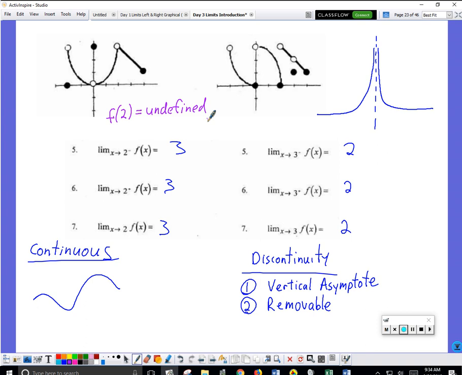Mostly just semantics, like people just felt like they were subtly different, so they chose different words. Otherwise, kind of the same idea. So, point for Josh. There we go. Cool. Okay, so removable, left and right limits are the same, but the value of the function is different.